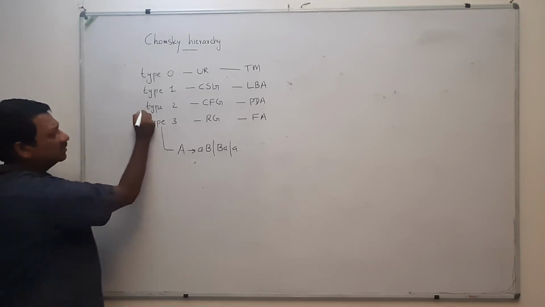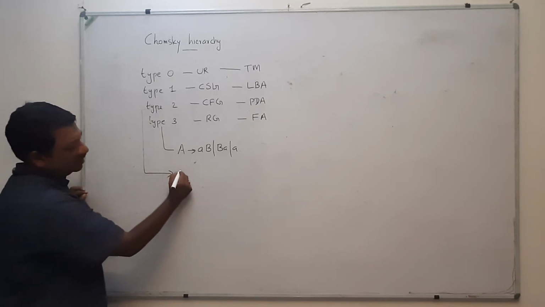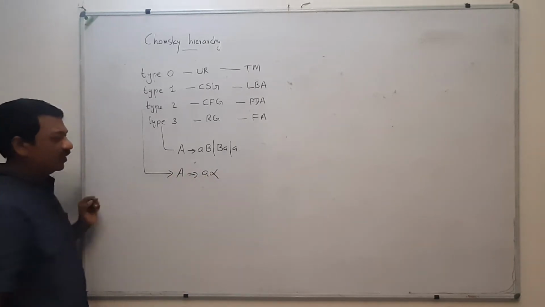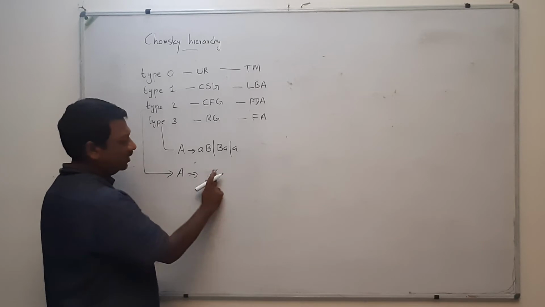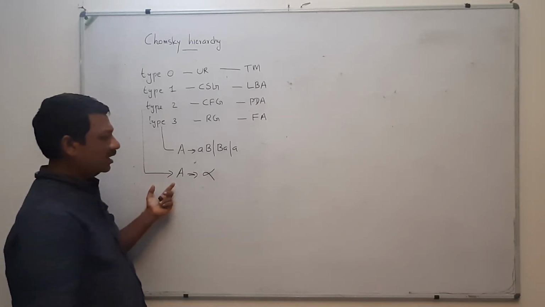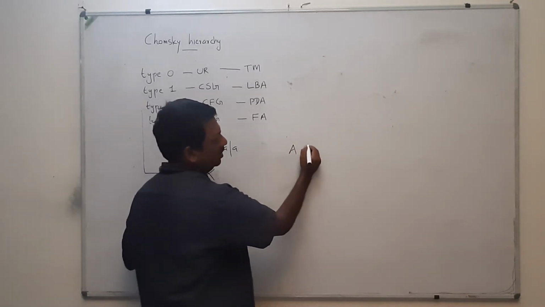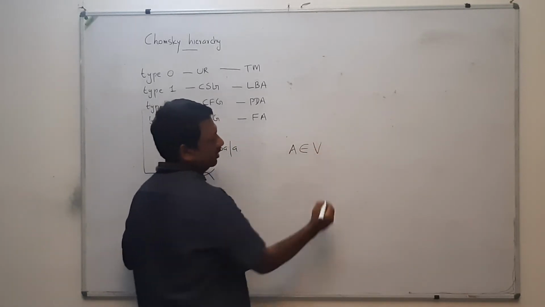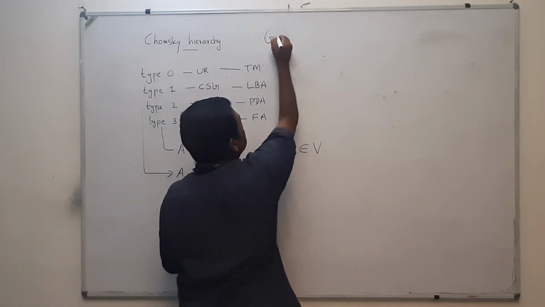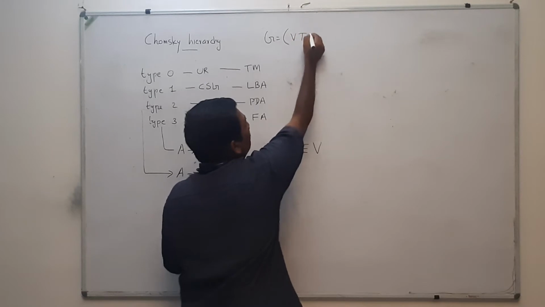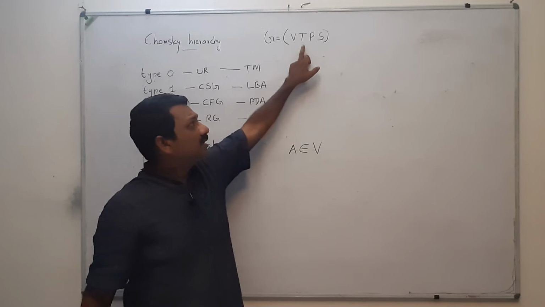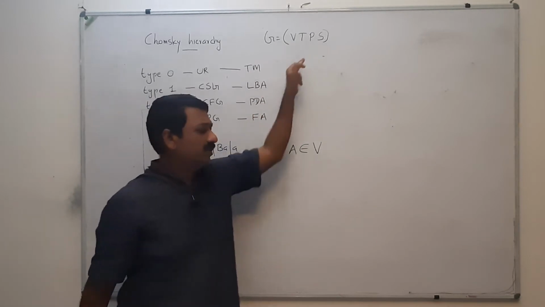Type 2 grammar has the structure A derives alpha. A always stands for a member of variables. Our grammar is represented by G is equal to (V, T, P, S), that is variables, terminals, productions, and start symbol.